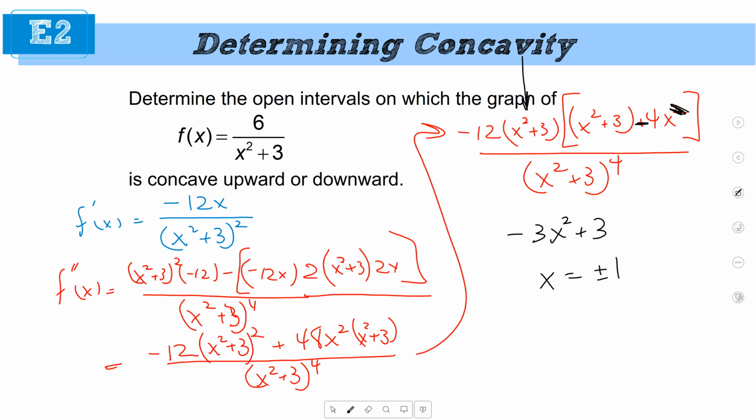Okay, so let me go through this again. I got to this point, and I have two terms here. Here's one, here's the other. And I looked at the GCF between those two terms. The GCF between those two terms is, I chose to take out the negative, so I got negative 12 times x squared plus 3. And as we've talked about all along, you take the smaller exponent, so I took out just one of them. So when I took this expression out of the first term, it left an x squared plus 3 behind.